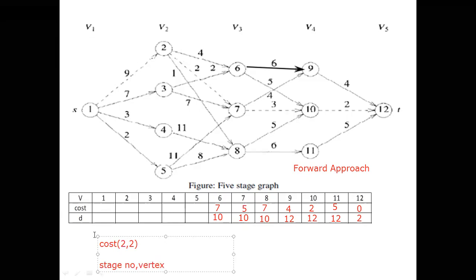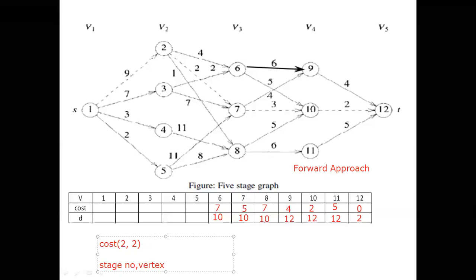Right? I hope you can understand. 2, 2. The first 2 is showing the stage number. The second 2 is showing the vertex number.